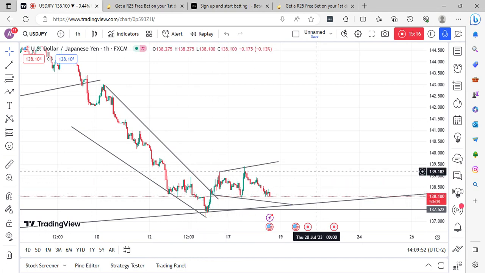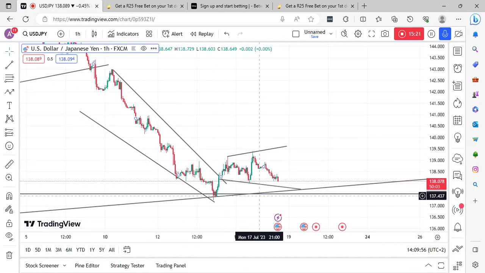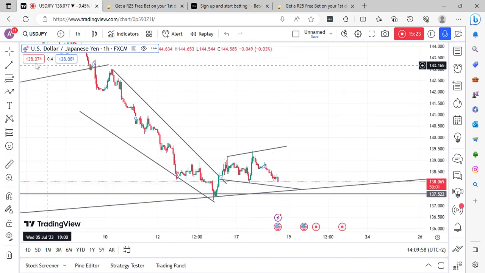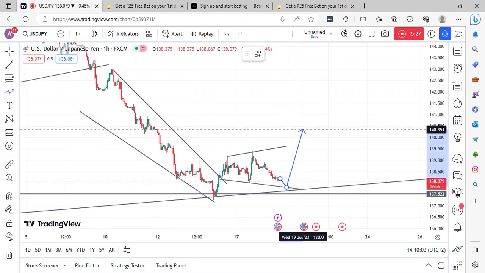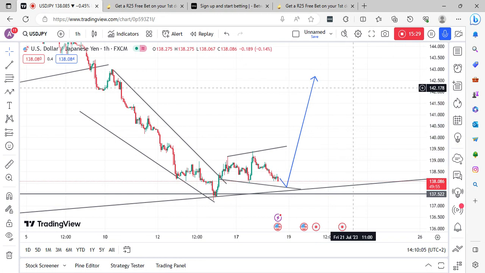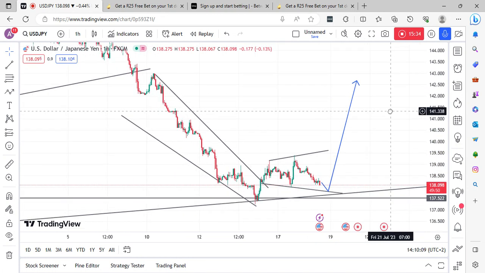But I would say always wait for a nice correction, which is this one here. We are waiting for our third touch at these levels before taking our buys. All right, so this is how you analyze. You can do this strategy on your Nasdaq, on your US30, on any pair.